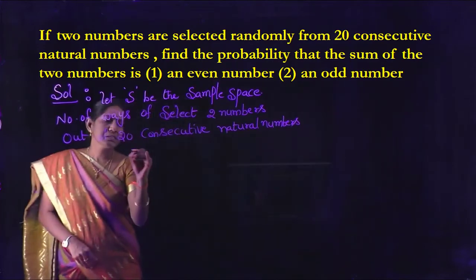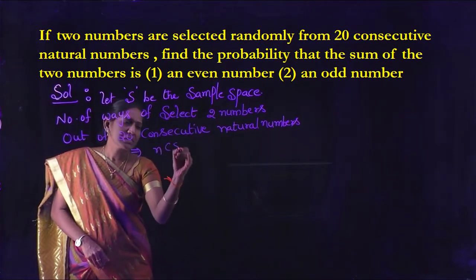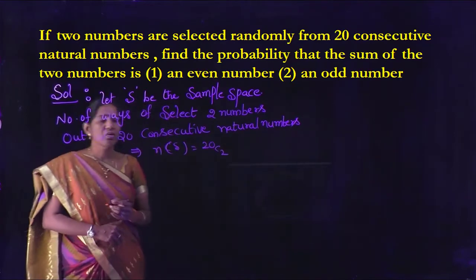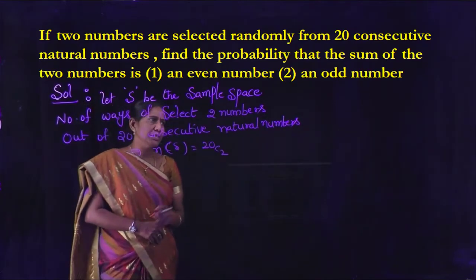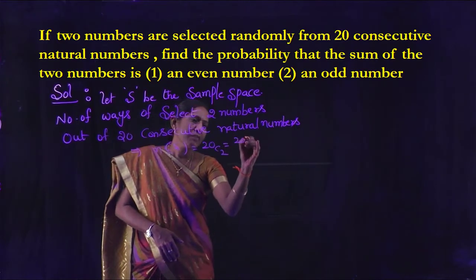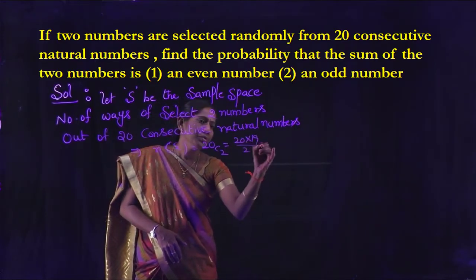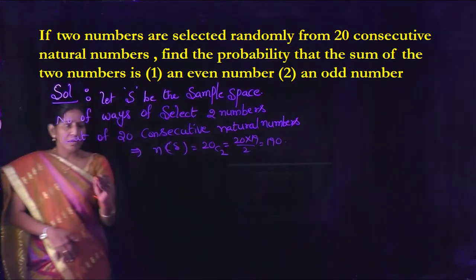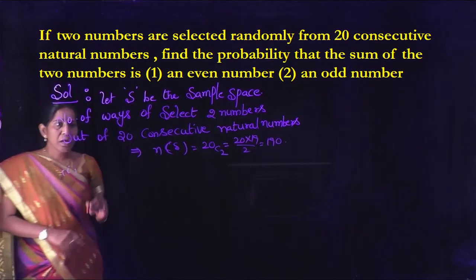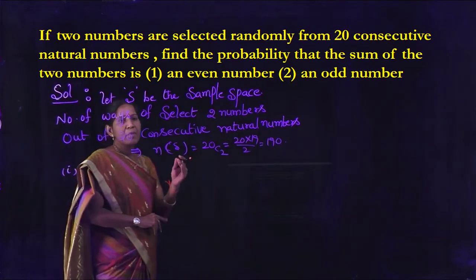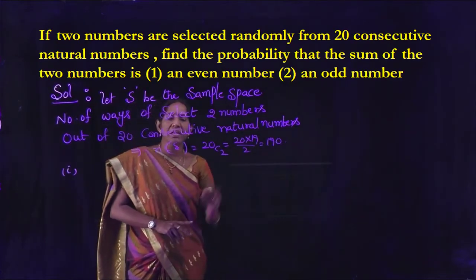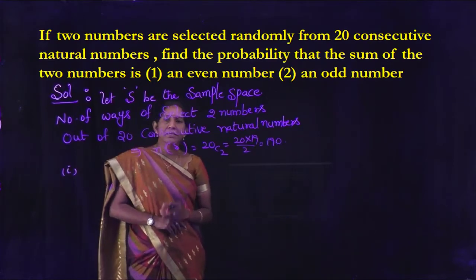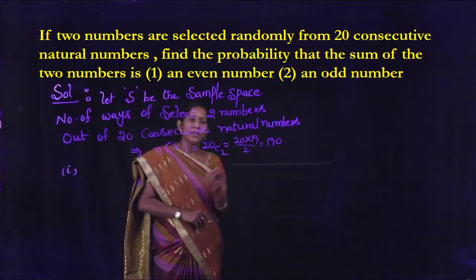Then N of S equal to 20C2. That value is 20 into 19 by 2, that is 190. We have to find the probability that the sum of the two numbers is an even number, that is the first one. And the second one, the probability that the sum of the two numbers is an odd number.